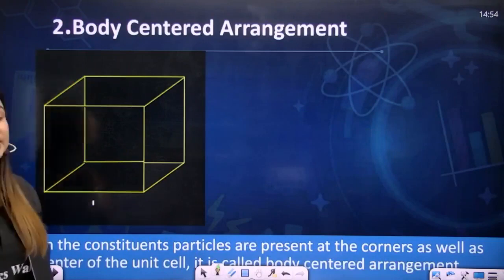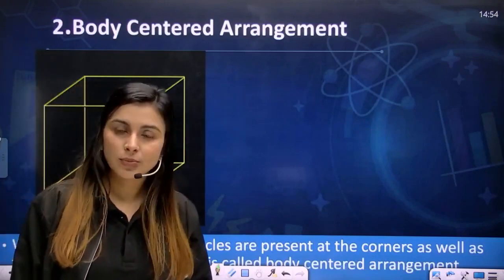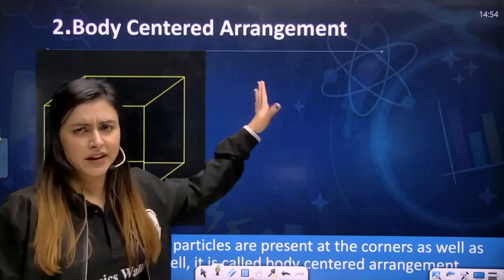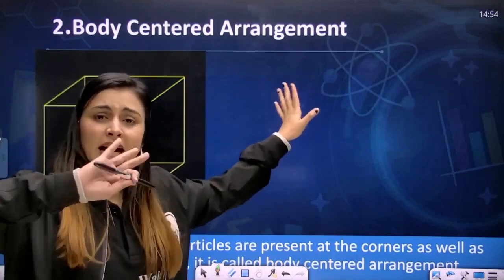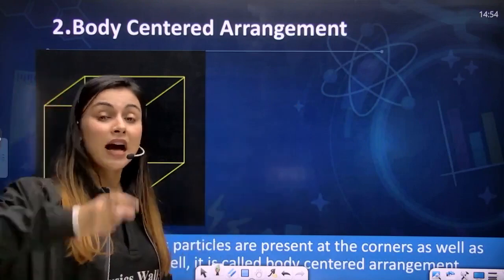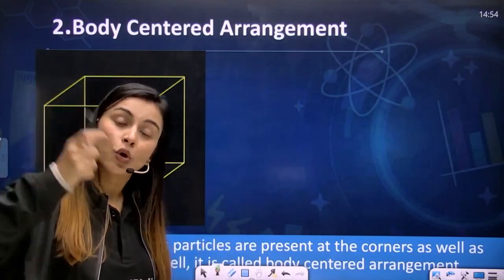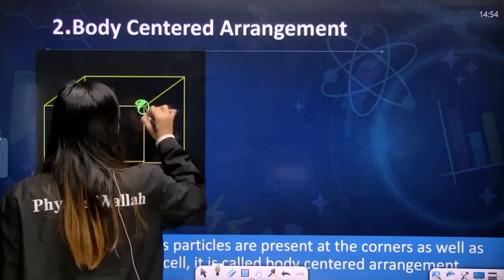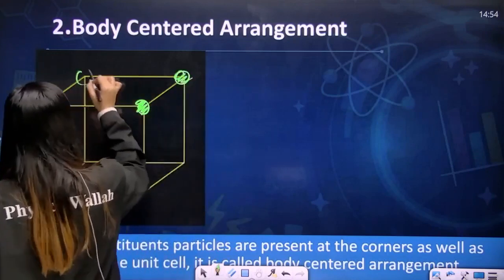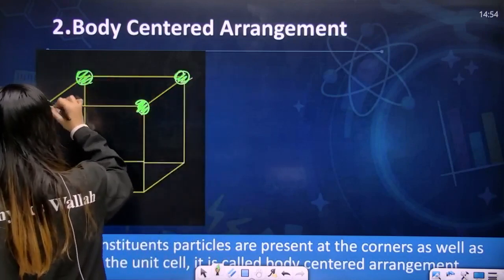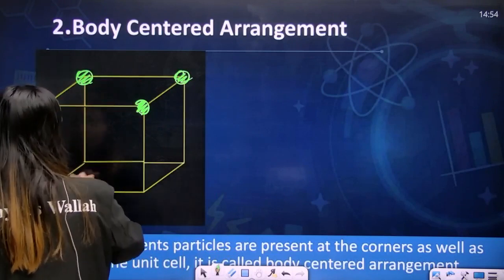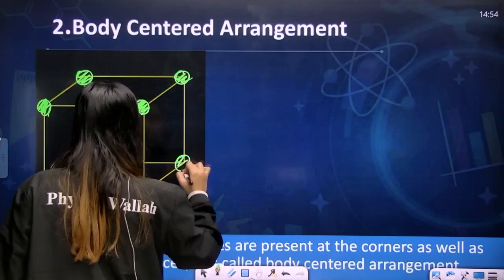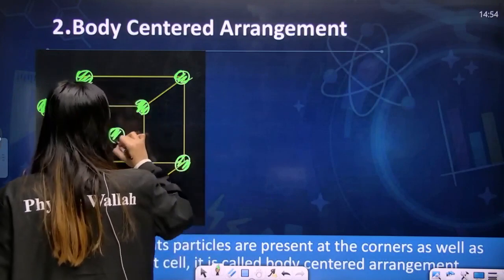The other arrangement is the body centered arrangement. In the body centered arrangement, my dear students, the primitive arrangement is retained. Atoms will be present at corners, but now you can place an atom at the body center as well. They have one more place to sit, and that place is the center of the body.